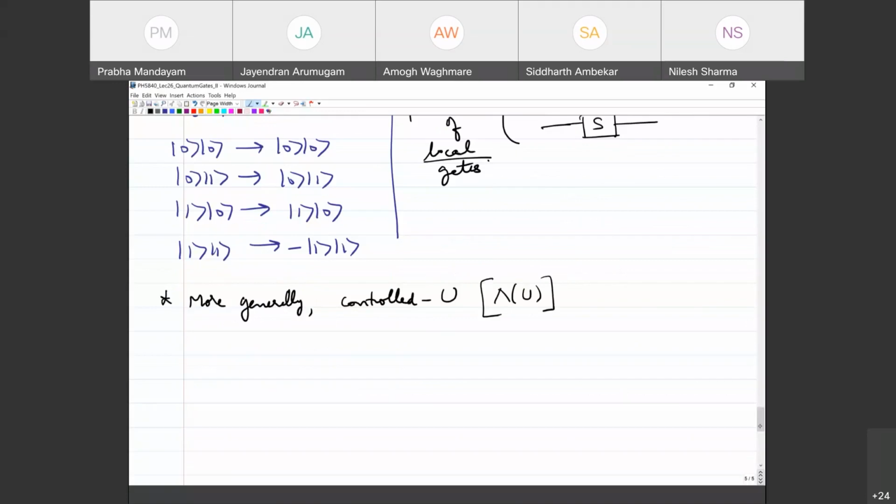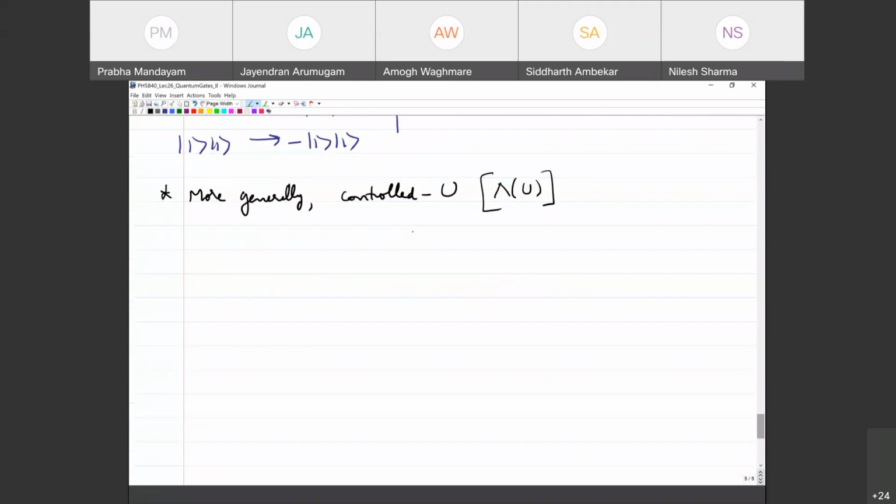And by default, we assume that the first qubit is the control, the second qubit is the target, and controlled on the state of the first qubit. So the C is the control and T is the target. Controlled on the state of the first qubit, the second qubit undergoes an action of the unitary U.